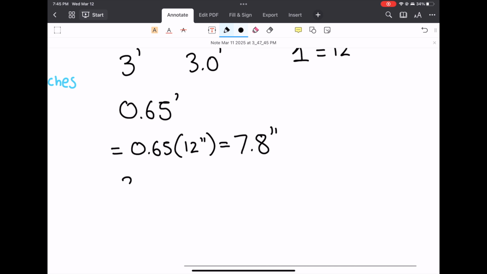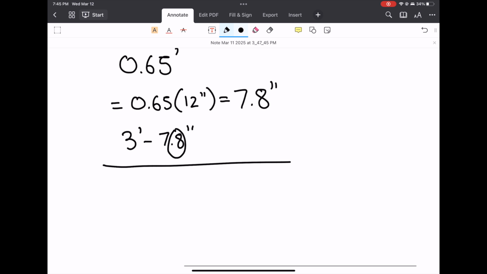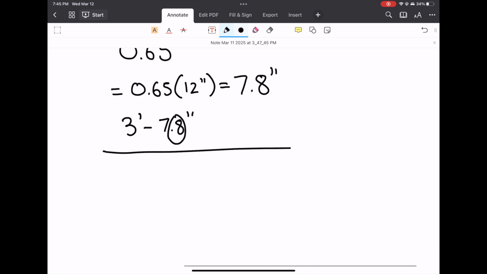So now let's write it out: 3 feet, 7.8 inches. This does not look right because it's not in a fraction. It's still in a decimal. This 0.8 is still in a decimal, so we have to convert that to a fraction.